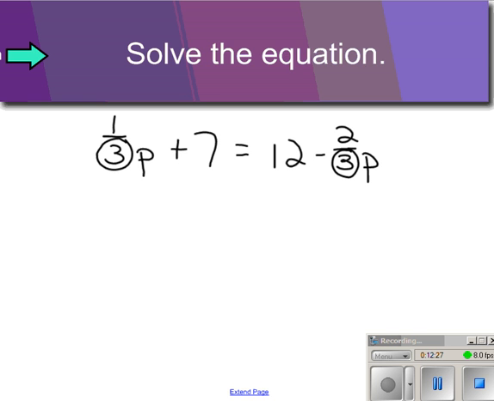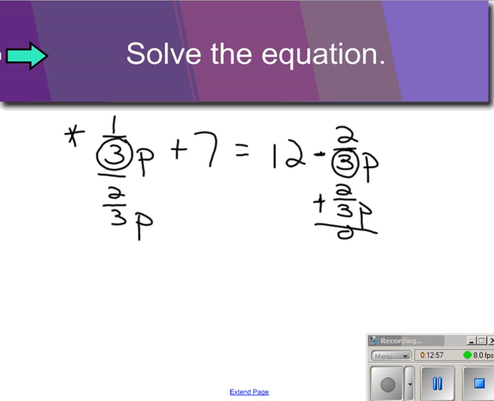The first thing I'm going to do is determine which side I want my variable on, and I want it to be positive. Now over here I notice that I have a negative 2/3 p, and over here I have a positive 1/3 p. I want to have my variable on this side because then I know it's going to be positive. To do that, I'm going to add 2/3 p to both sides. When I have a minus 2/3 p plus 2/3 p, I'm going to get a 0.